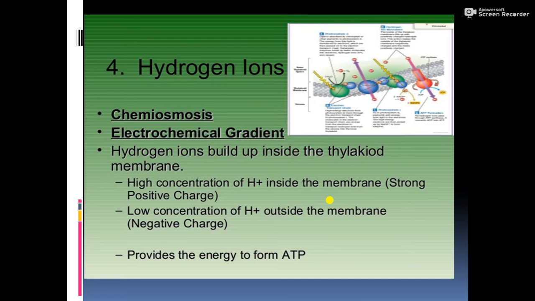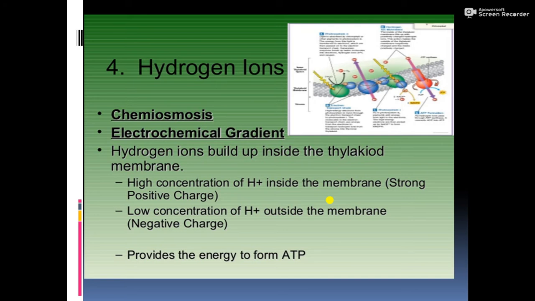Again, chemiosmosis, electrical gradients. Hydrogen ions build up inside the thylakoid membrane. There is a high concentration of hydrogen ions inside the membrane, which is strongly positively charged, and a low concentration of hydrogen ions outside the membrane, which is strongly negatively charged, providing the energy to form ATP.